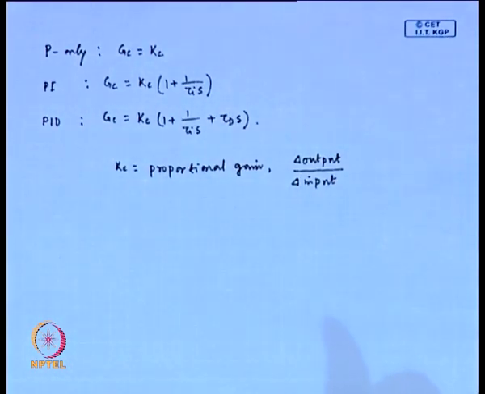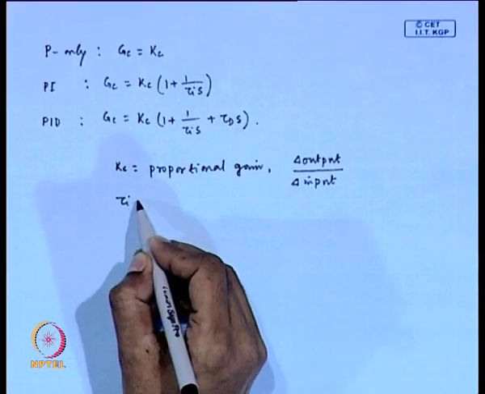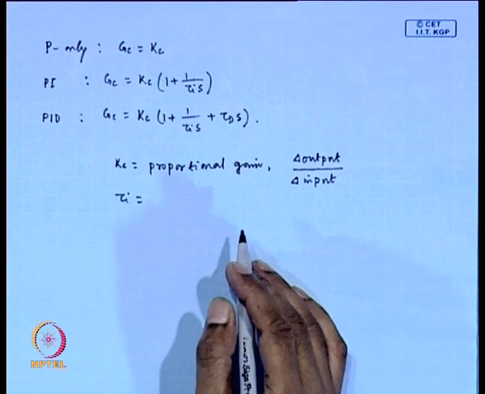So, the unit of proportional gain K c depends on the unit of output as well as the unit of input, and tau I is the integral time constant.